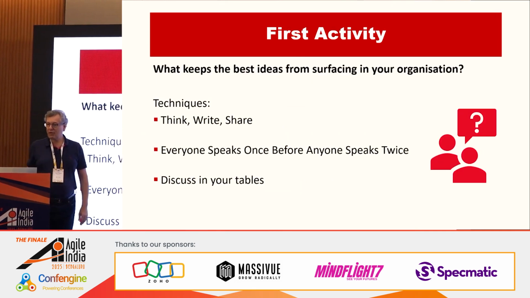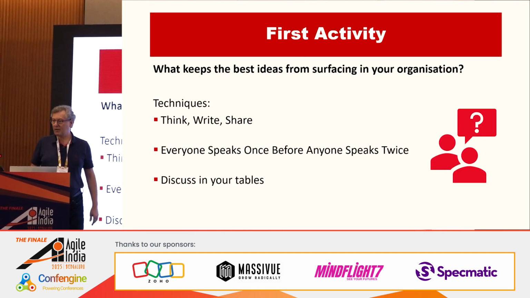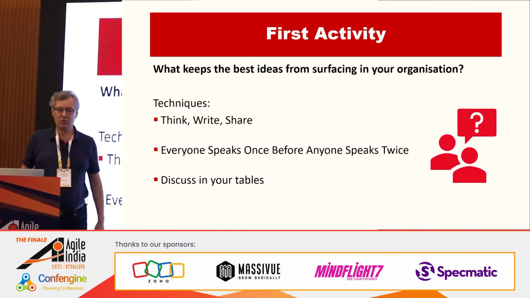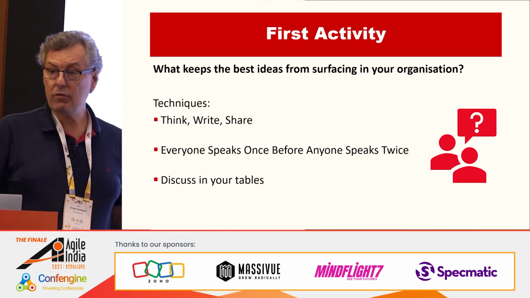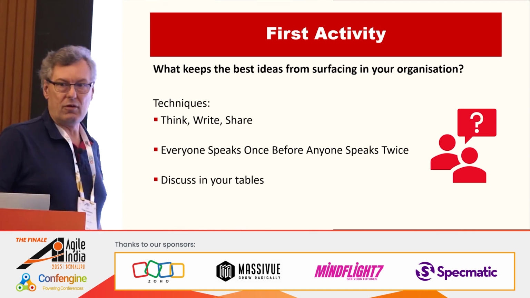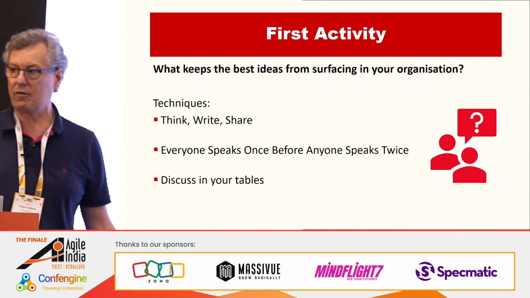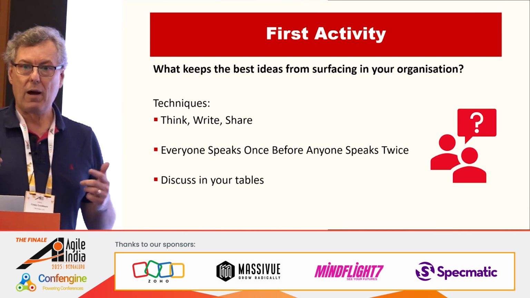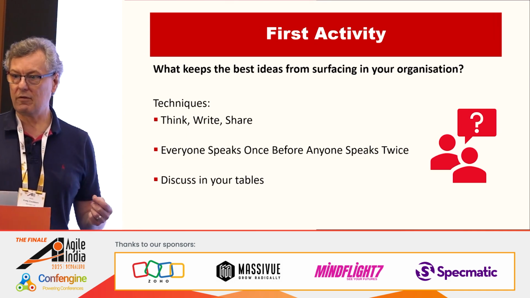So the first thing for you to think about is what keeps the best ideas from surfacing and being talked about in your organization. Now, to do this, we use Think, Write, Share. You may well use that technique already in retrospectives, right? But I'm talking about it here for two important reasons.